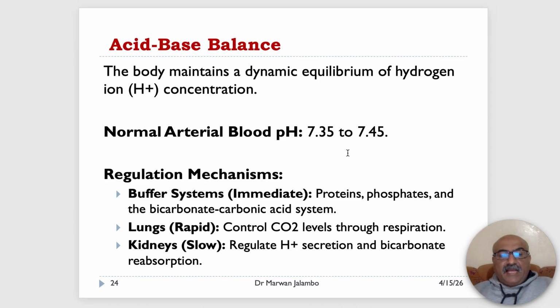The body has three primary regulatory mechanisms that work at different speeds. Number one, chemical buffer systems in the blood, like the bicarbonate system, act almost instantaneously to neutralize acids or bases.